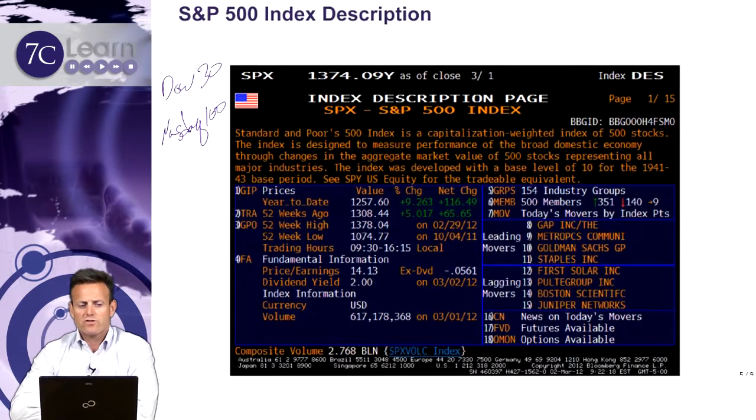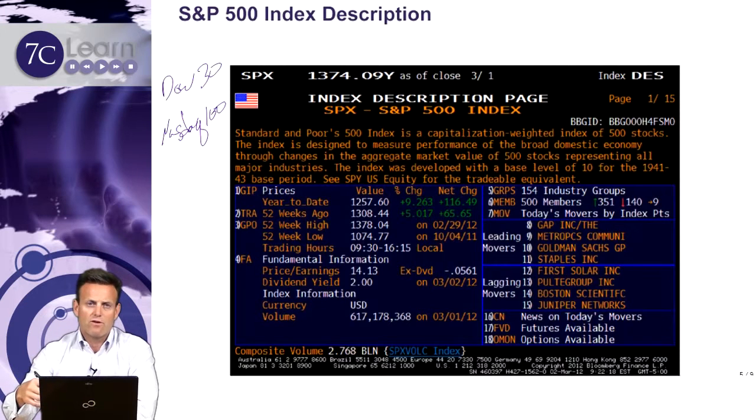That contrasts to something like the NASDAQ 100, which, as the name suggests, is 100 securities. That's the 100 largest non-financial market cap companies traded on the NASDAQ. So that would be companies like Oracle, Apple, Microsoft, Intel, large cap companies traded on the NASDAQ that are non-financials.